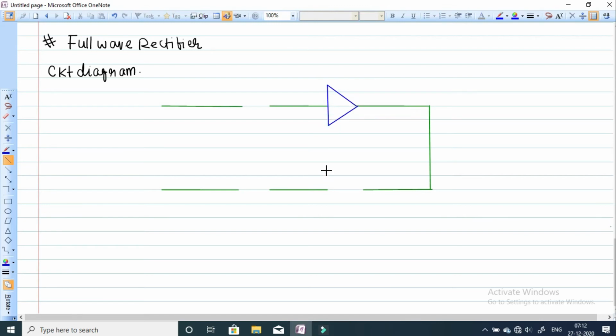We have two diodes, diode D2, P type and N type. P, this is your N. These are the two diodes D1 and D2, and we have this transformer winding, primary and secondary. It will not be drawn perfectly.